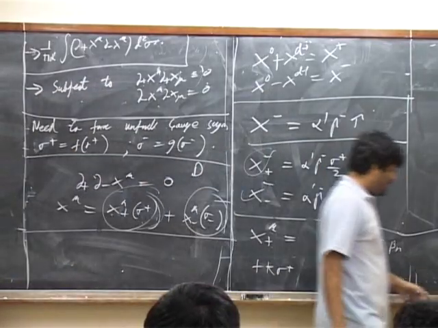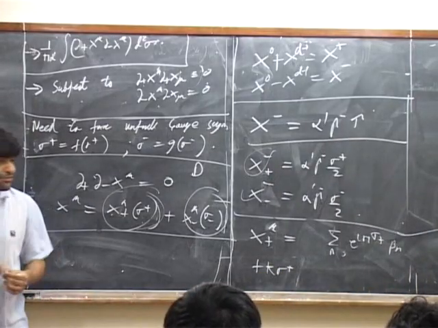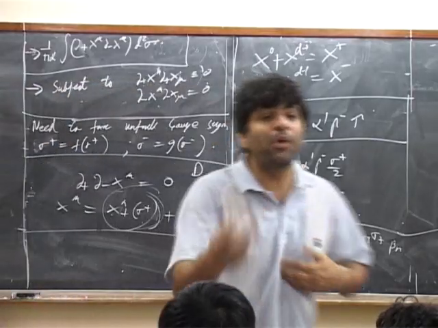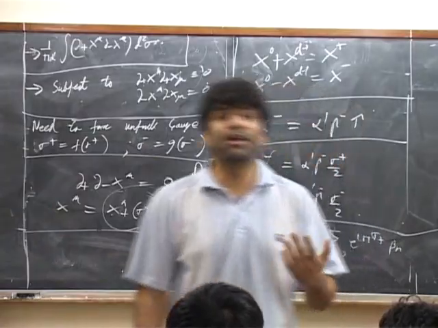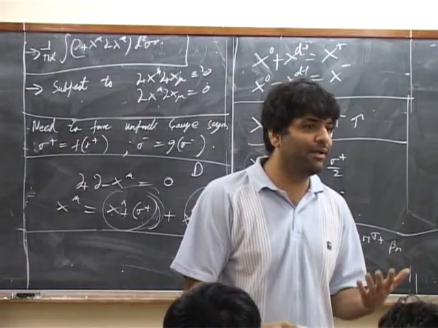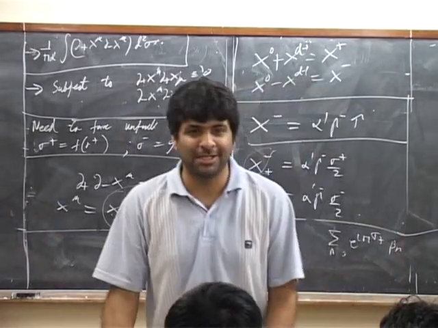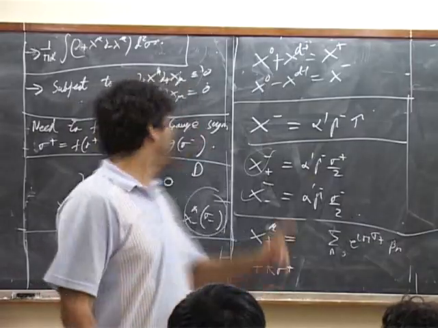Now, let's see. The constraints from fixing a gauge are always the equations of motion that would have followed had you not fixed this gauge. So we want to know what are the equations that come from varying x minus. Can somebody tell me what are the equations that come from varying x minus? X minus where minus is in space.